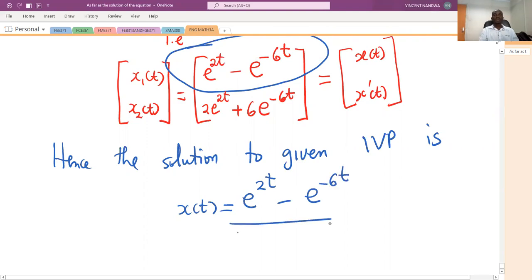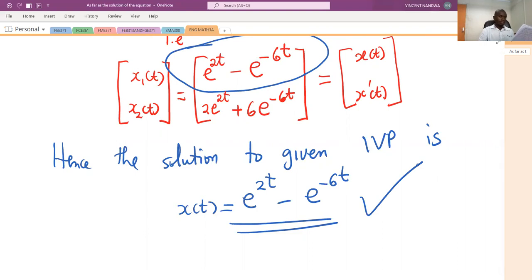This is the answer. The second part just shows the derivative of the solution you have. You can clearly see that if you take the derivative of this function, you get this one. So this is where you stop. That is the answer to the given differential equation. Thank you.